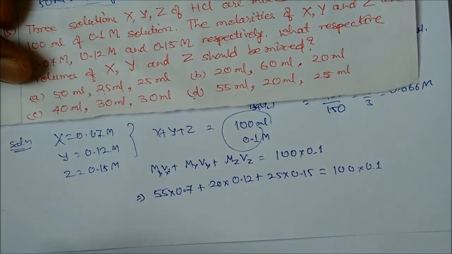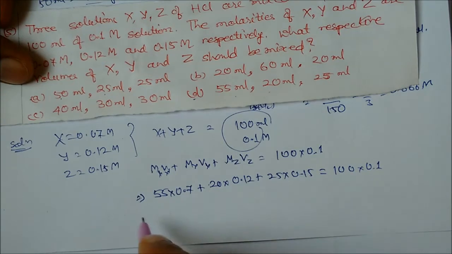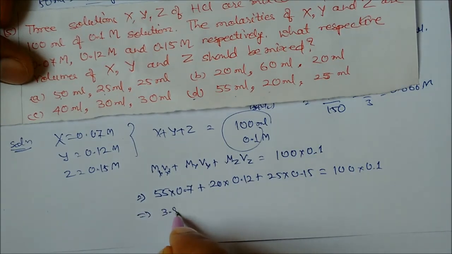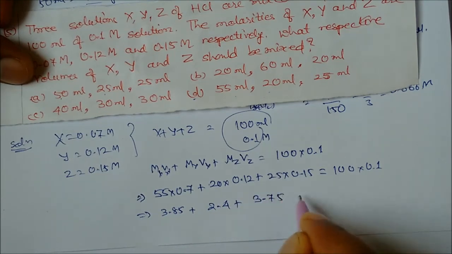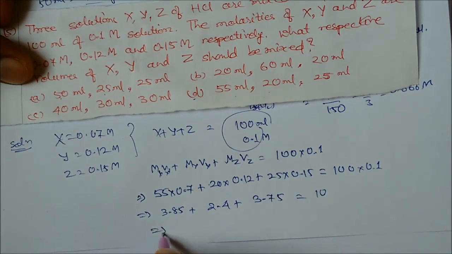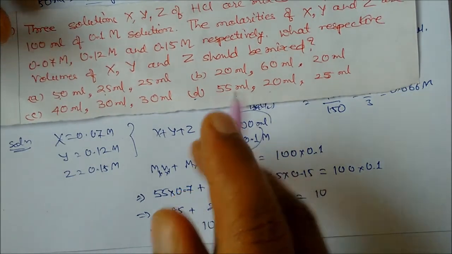So if you solve it, you will get here 3.85 plus 2.4 plus 3.75, and here we are getting 10. So 10 is equal to 10. So in this way this option is correct.